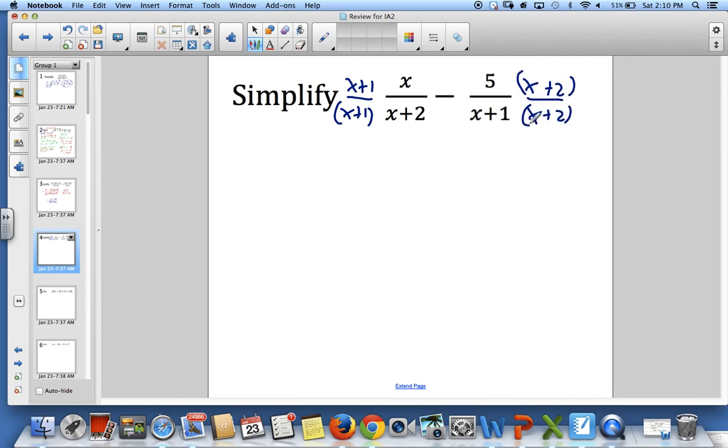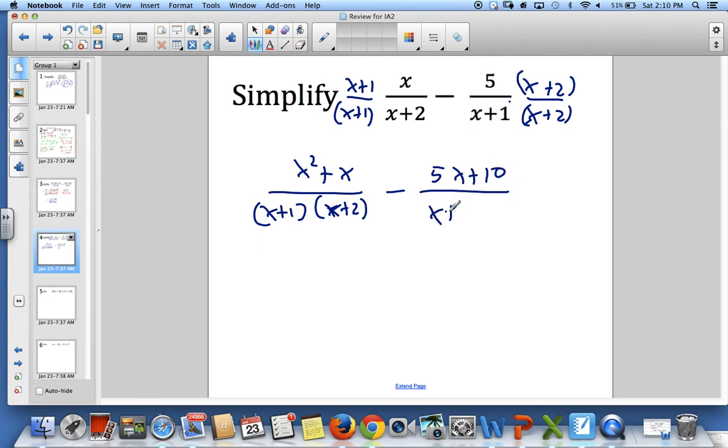Like this. And then so now the top of this becomes x squared plus x over x plus 1, x plus 2. Minus, and this is going to be 5x plus 10 over x plus 1, x plus 2.